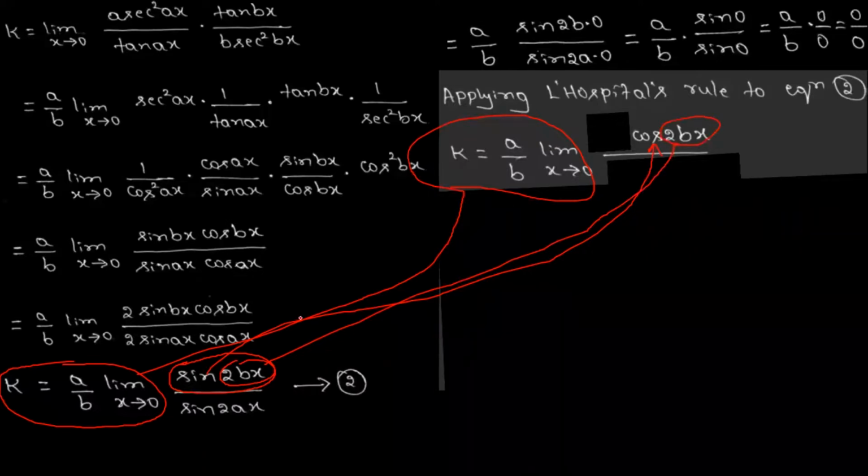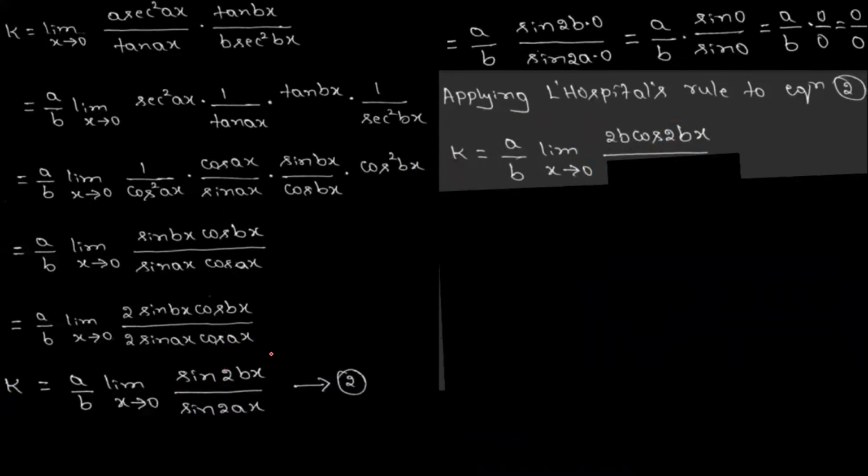So differentiation of sin 2bx is cos 2bx into differentiation of 2bx, which has to happen by using the chain rule. When you differentiate 2bx, 2b will be kept as it is as a constant, and the differentiation of x is 1, which we have not shown here.